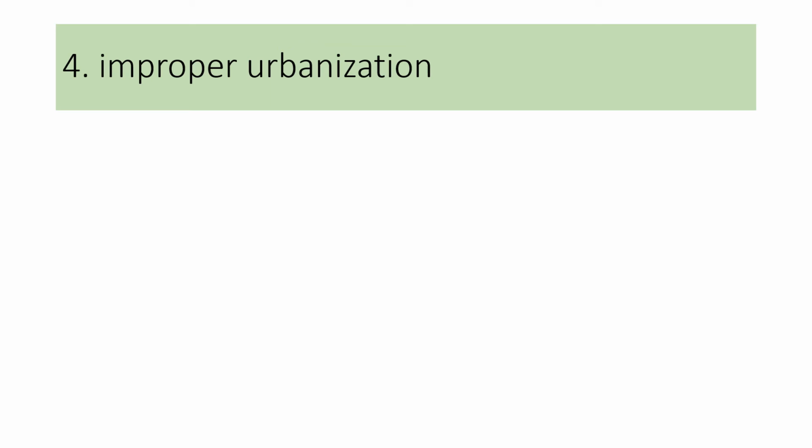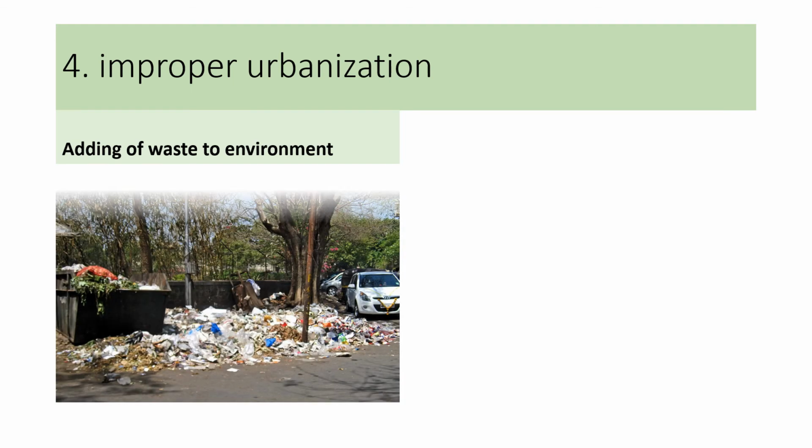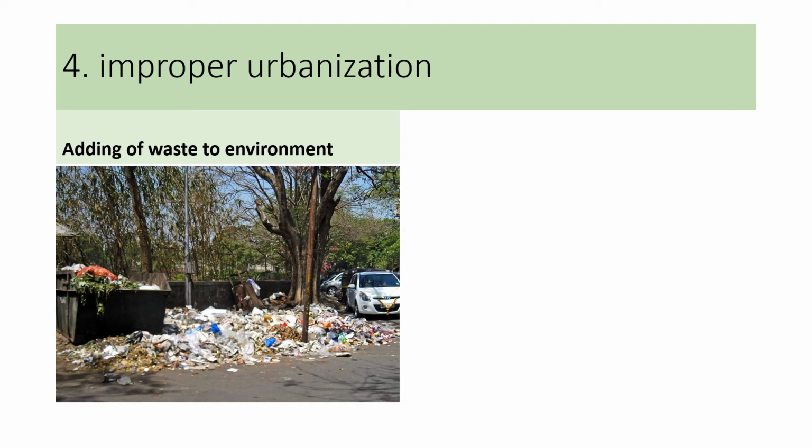Due to improper urbanization, waste is added to the environment. It will spoil the beautiful scenery of the environment and will add a bad smell, and not only that, it will be a reason for spreading diseases too.